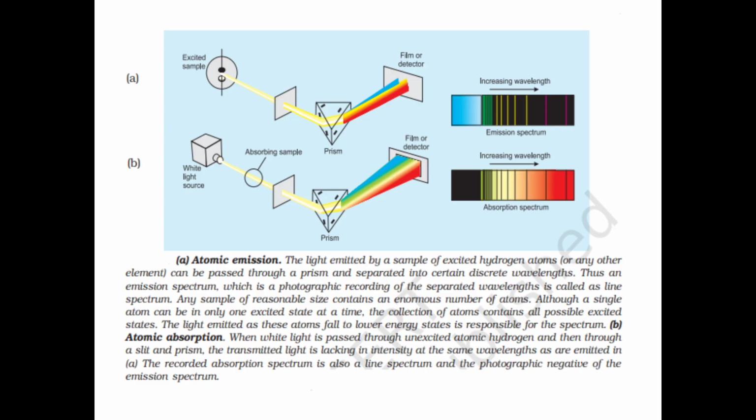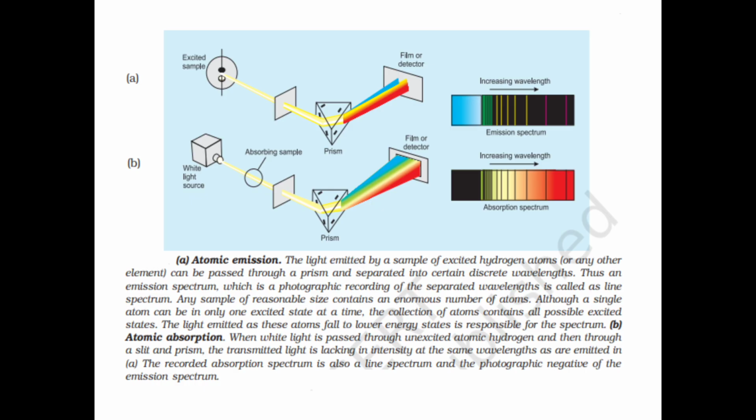And the second one is the absorption spectrum, where the light comes from a white light source, passes through the absorbing sample, and then passes through a prism, and the spectrum is obtained on a film or detector, which is called the absorption spectrum.